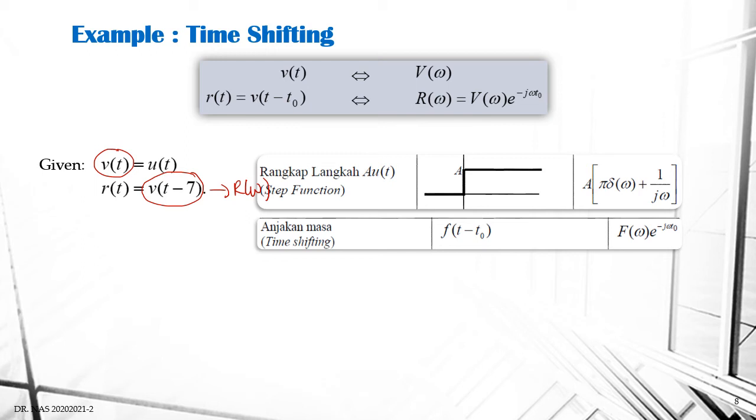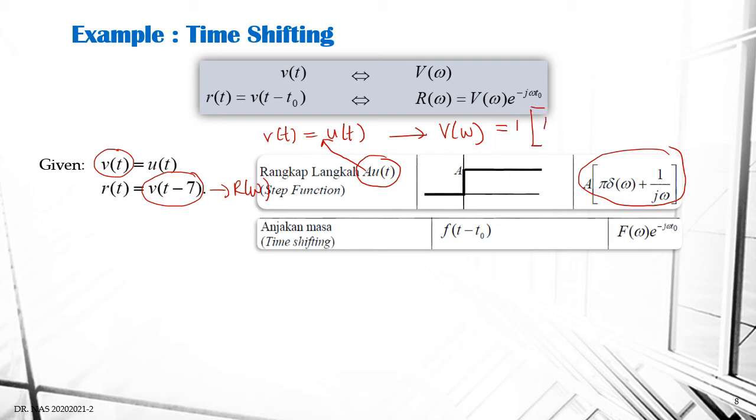You have v(t) equal to u(t), and you need to find V(ω). Your A is 1, so V(ω) equals 1 times the bracket π δ(ω) plus 1 over jω. This is your V(ω), the first equation.